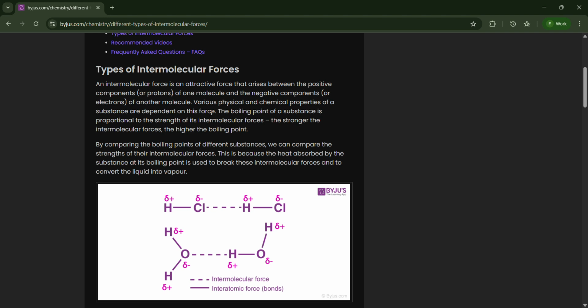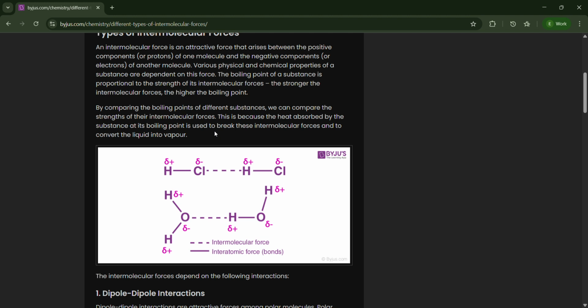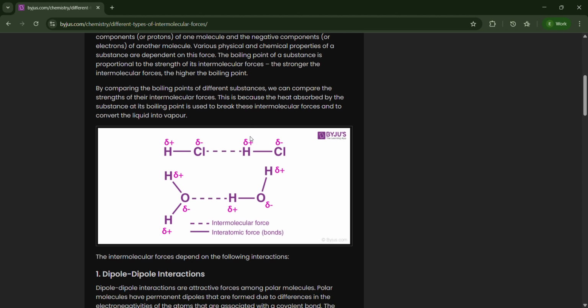Types of intermolecular forces. By comparing the boiling points of different substances, we can compare the strengths of the intermolecular forces. This is because the heat absorbed by the substance at its boiling point is used to break these intermolecular forces and to convert the liquid to vapor.